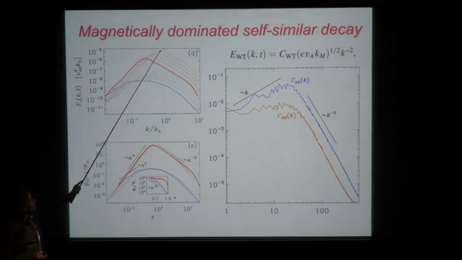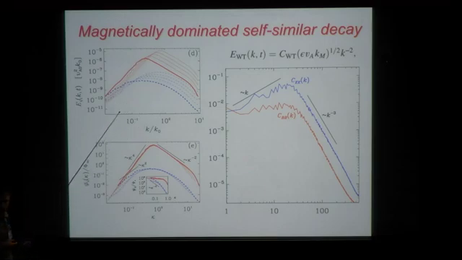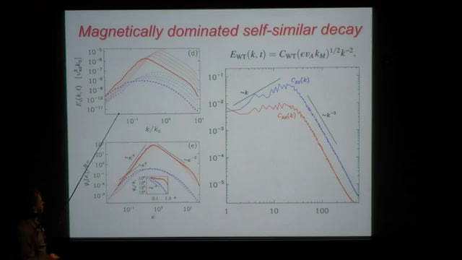The peak of the power gradually moves to smaller wave numbers, corresponding to larger length scales, like t to the 1/2 power. The amplitude also decreases approximately like 1/t. If you scale them on top of each other, you can verify that this is indeed a self-similar spectrum.